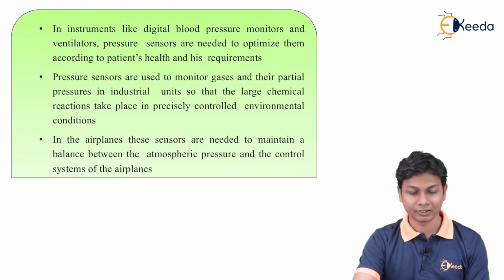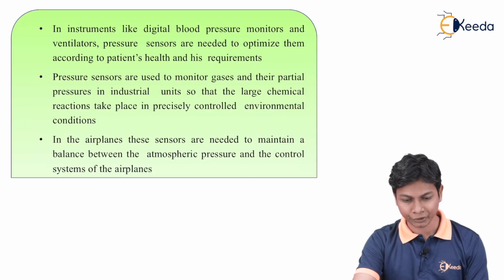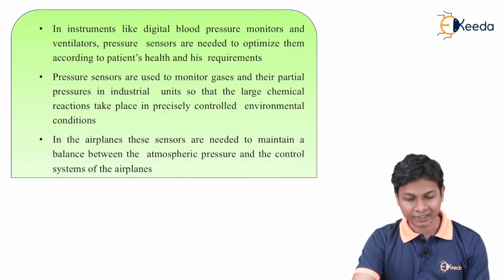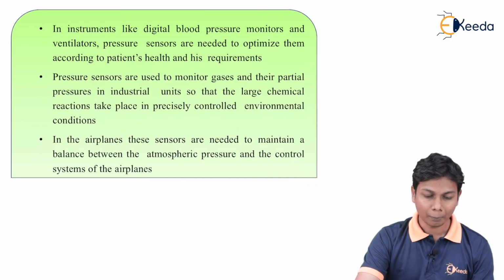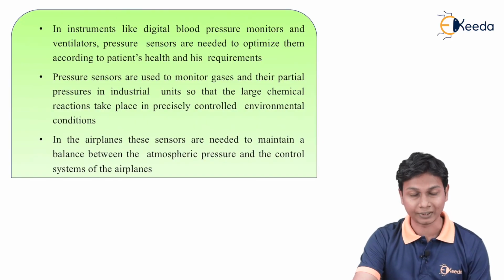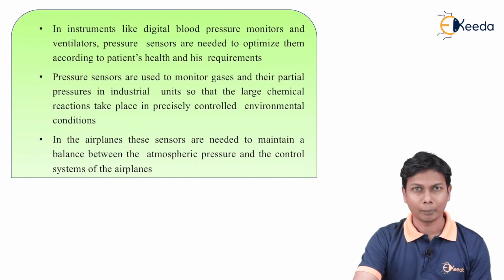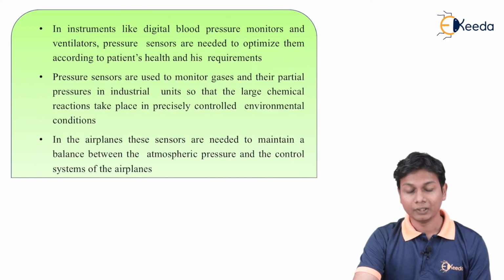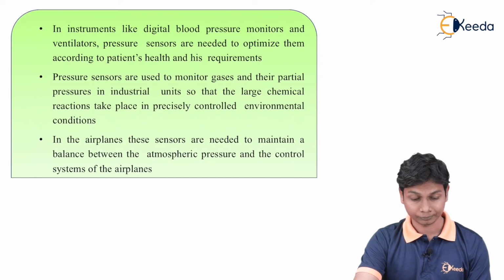In instruments like digital blood pressure monitors and ventilators, pressure sensors are needed to optimize them according to the patient's health and requirements. In many hospitals, like in ICU rooms, these ventilators use pressure sensors, which are optimized according to the patient's health.